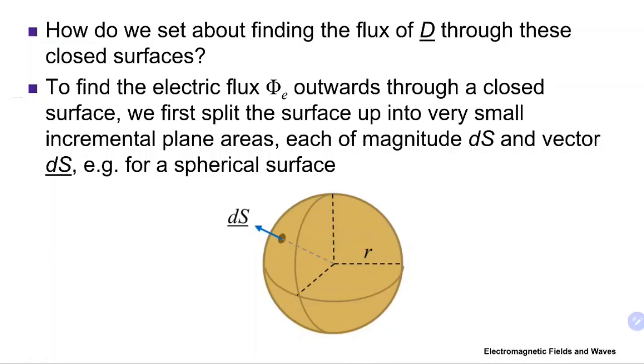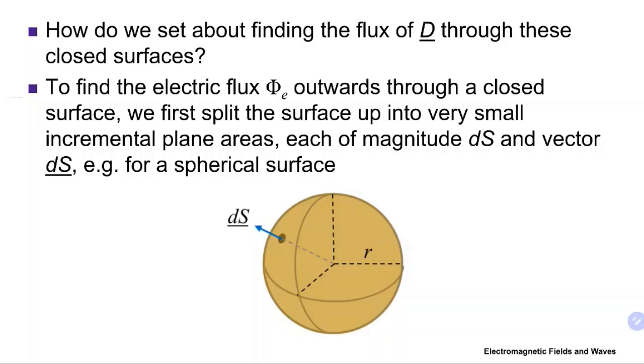So how do we set up finding the flux of the electric flux density through this closed surface? So we have defined the electric flux outwards through a closed surface. To find the electric flux outward through a closed surface, we first split it into very small surfaces with a vector dS.